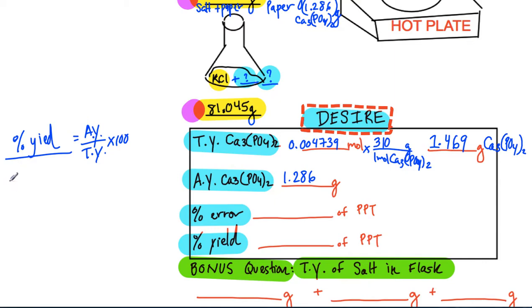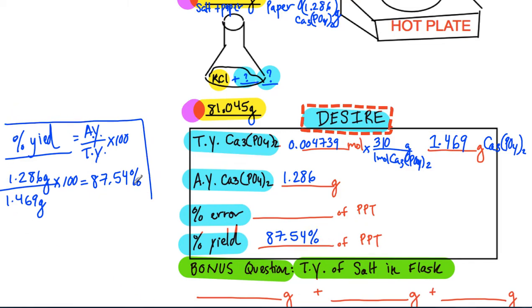So what we're going to do now is we're going to say the actual yield is 1.286 grams over 1.469 grams. And again, multiply it times 100, and we're going to get a percent yield of 87.54%. So we can put that in right here. That's our percent yield, yeah? So it's 87.54%. And that was our calculation.